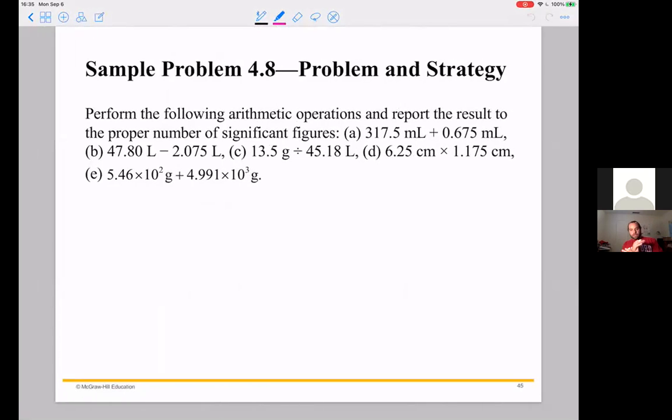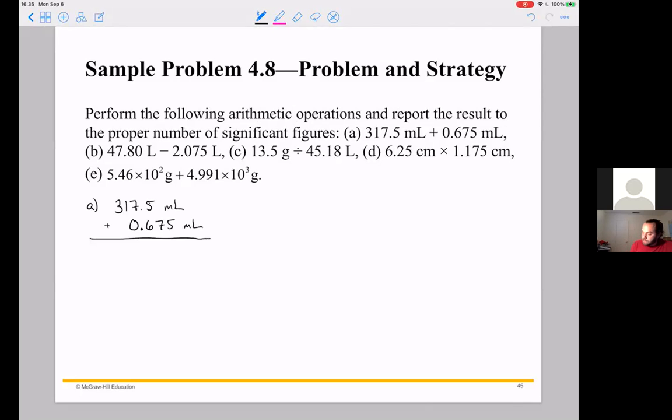All right, so let's throw this all together and do a few practice problems here. For A, I have 317.5 milliliters plus 0.675 milliliters. So 317.5 milliliters plus, again, I'm going to line everything up at the decimal point, 675 milliliters.